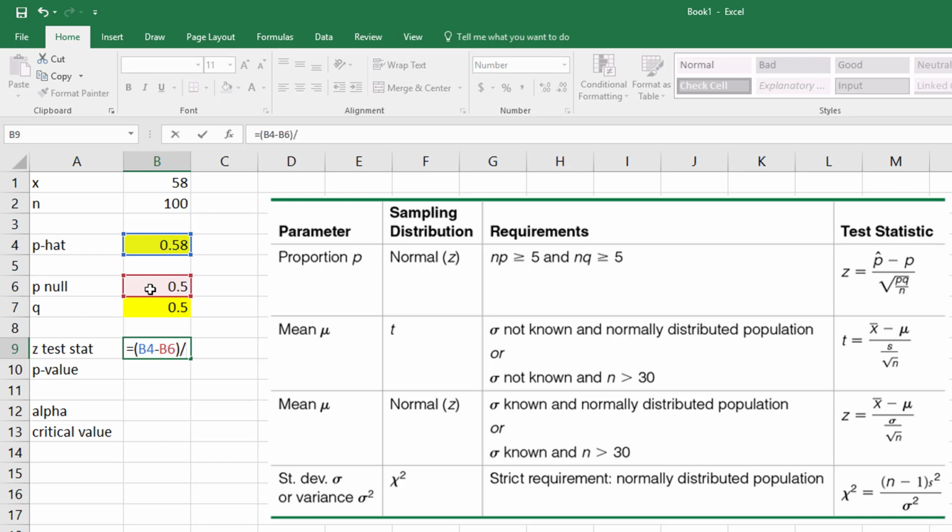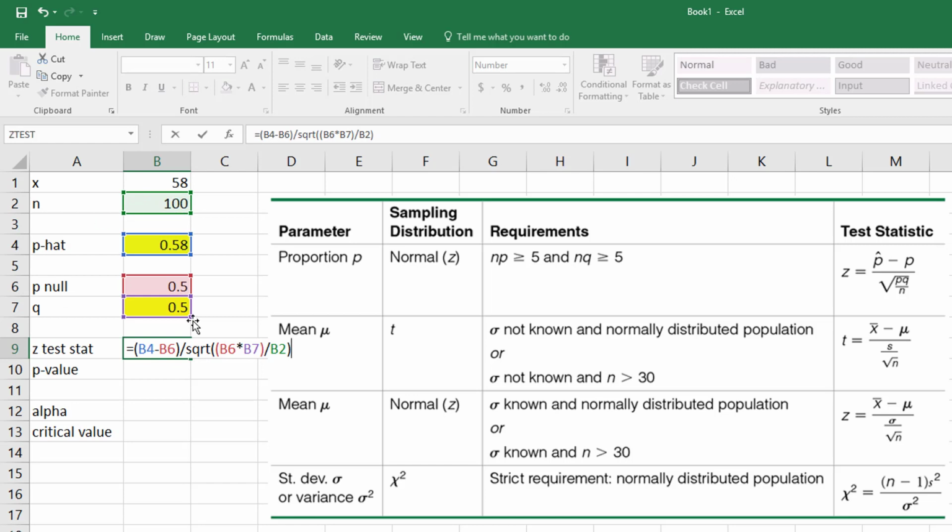Divided by, now I want to do the denominator, which is the square root. Open a parentheses. I want it to do the top first, the P times Q, so I'm going to open another parentheses. P times Q, clicking on the cells again, close the parentheses, divided by my sample size, so I click on the N, and then I close my square root. So the parentheses are important.